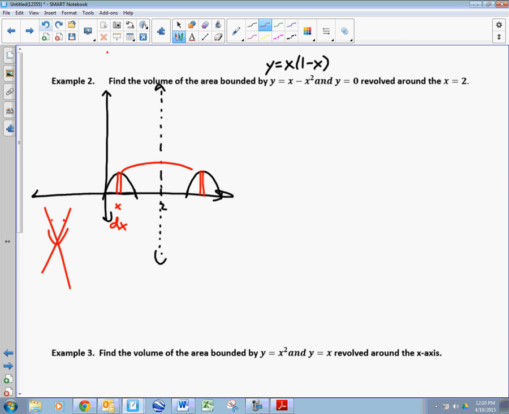And you rotate it around. Okay, and you can see the shape that I get. So what I need to do now is I need to unravel that.